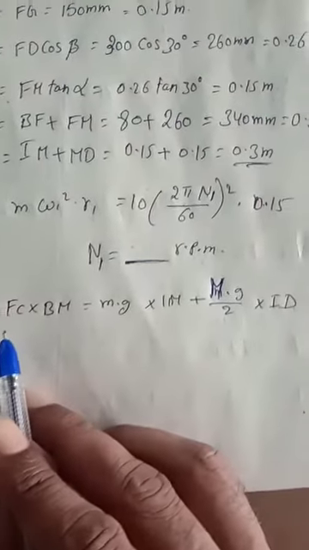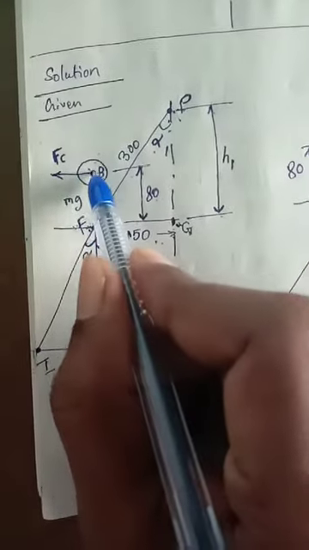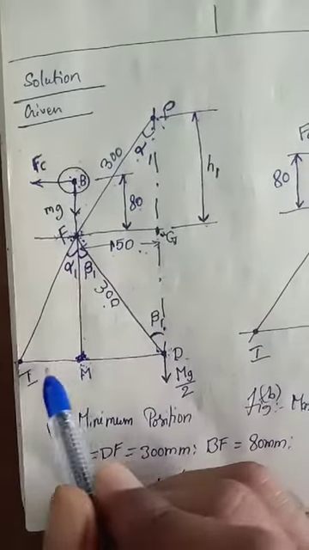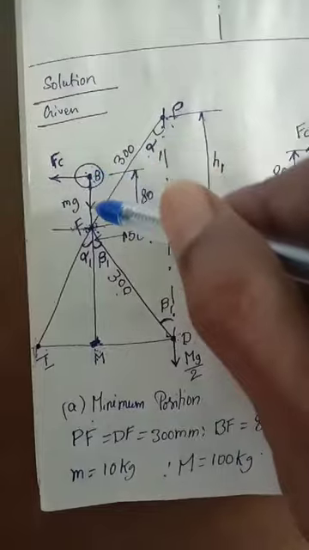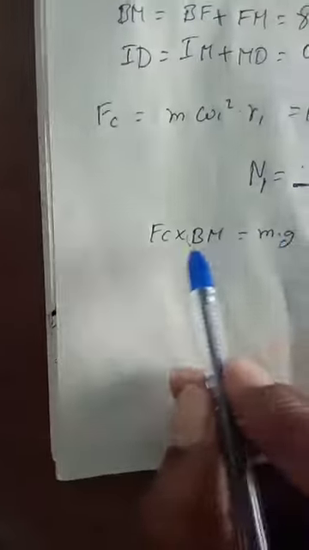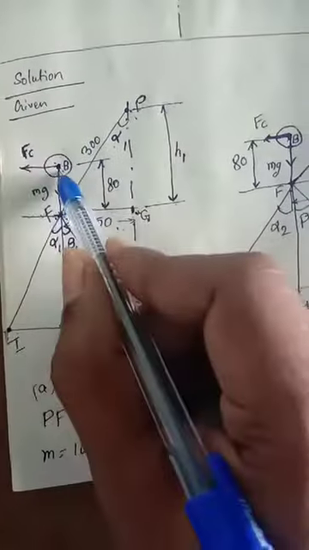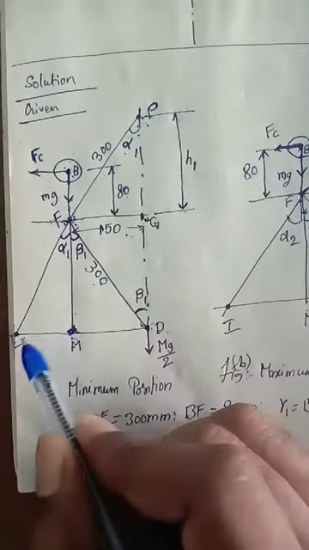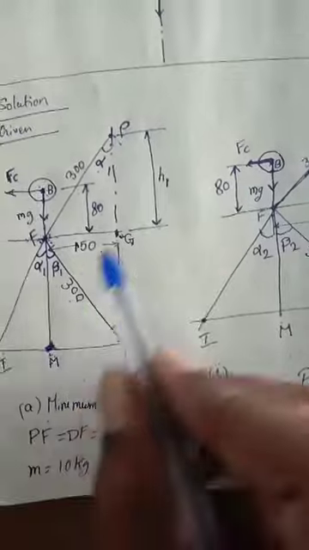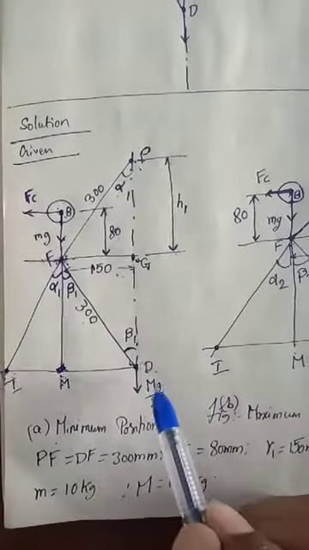Taking moments from I. This is Fc, coming from I, is the height, and this is the total perpendicular distance, that is BM, B to M. Now the small w is multiplied by IM, and capital W is there, with the distance ID.